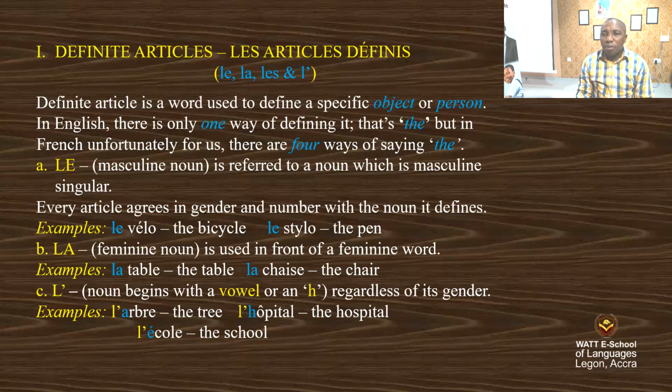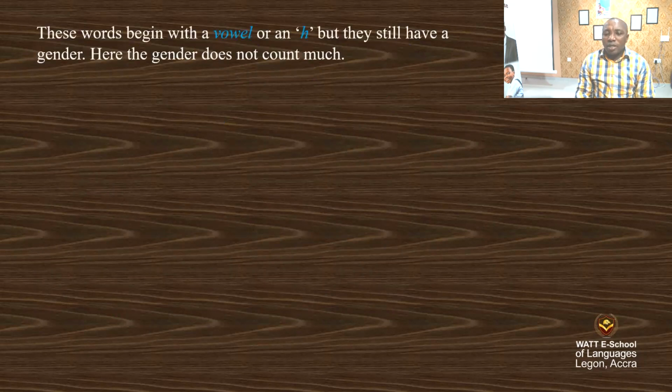So in these 3 examples, 2 of them start with a vowel, and the third one starts with a silent H. So it shows clearly that the l'apostrophe is used for a word that begins with a vowel or a silent H. These words begin with a vowel or an H, but they still have a gender. Here, the gender does not count much.